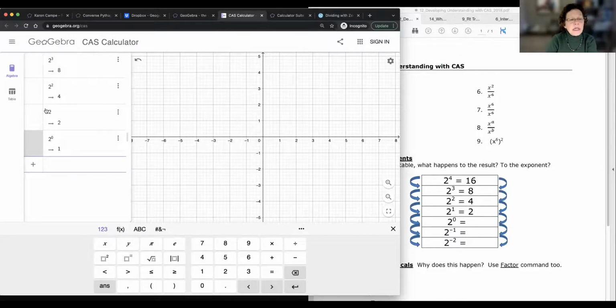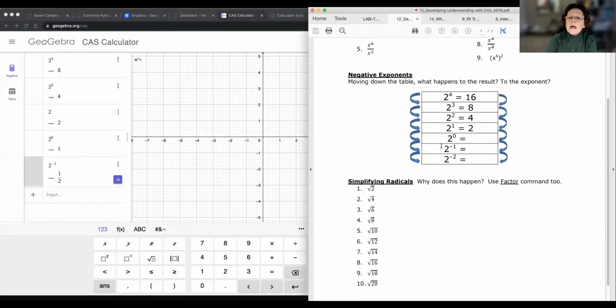The exponent is decreasing by 1, and what's happening to the result? We are dividing by 2. So what do we expect? 2 to the negative 1 is 1/2. So now we have an understanding of negative exponents based on that pattern of subtracting 1 from the exponent and dividing the result by that base.